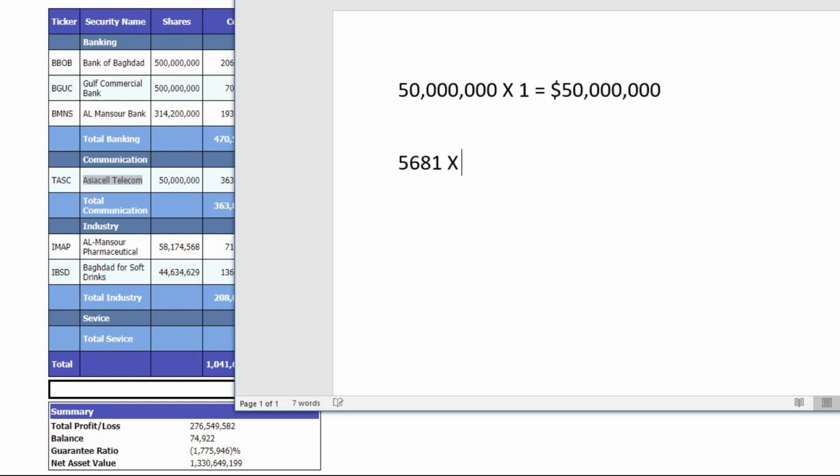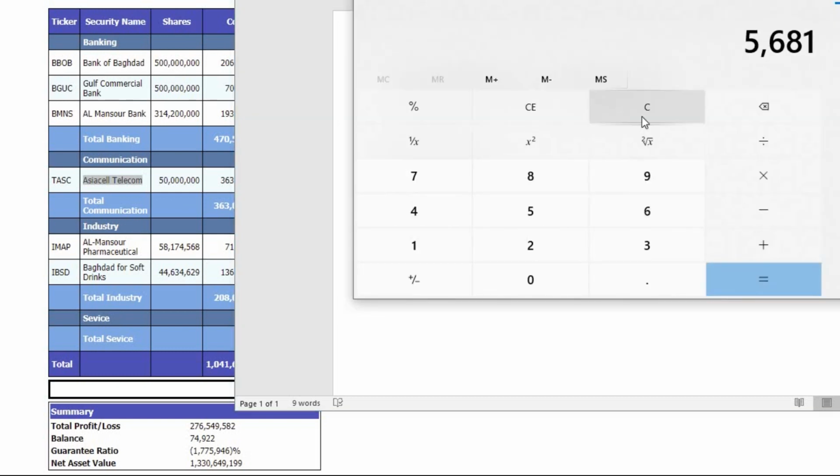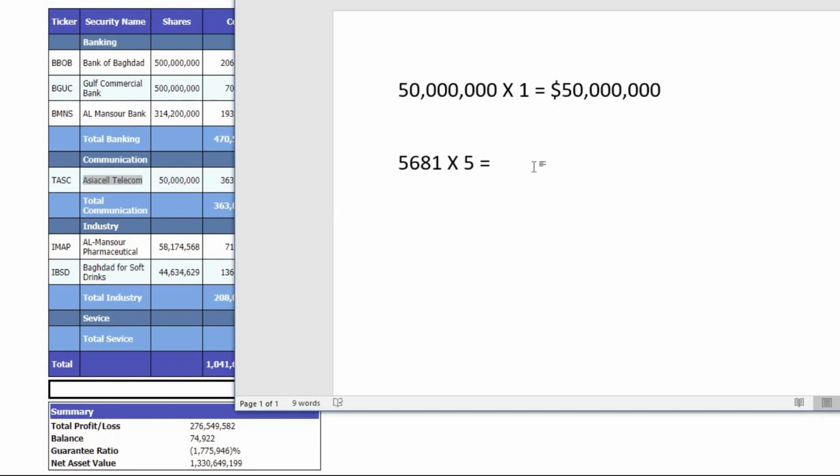Okay, so 56.81 times the number of blocks you have. Let's say you have 5 blocks. So 56.81, and you've got 5 blocks. That's $28,405.